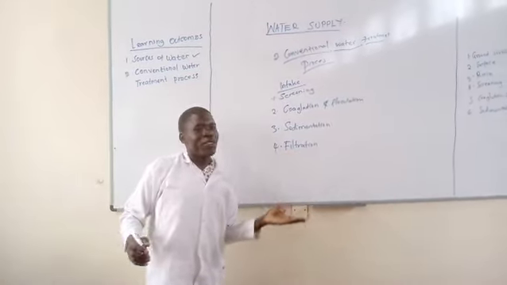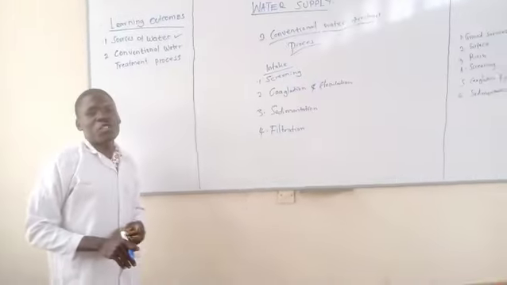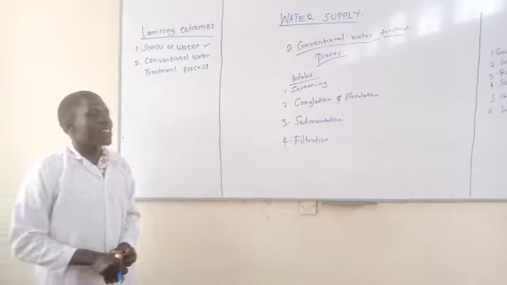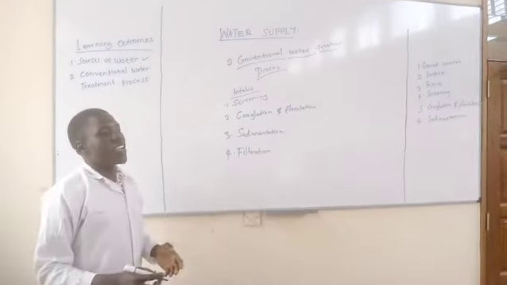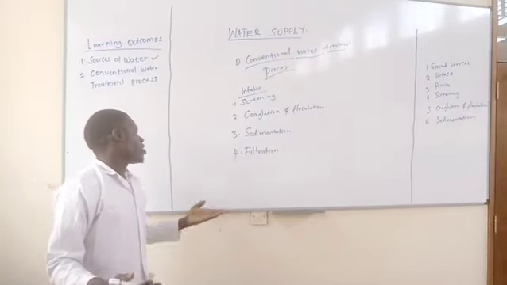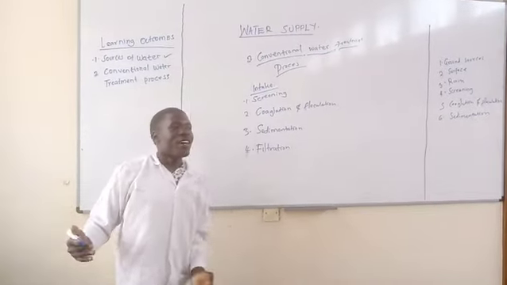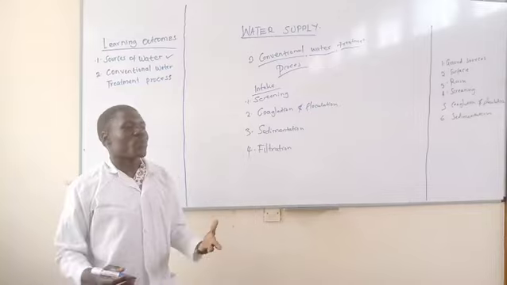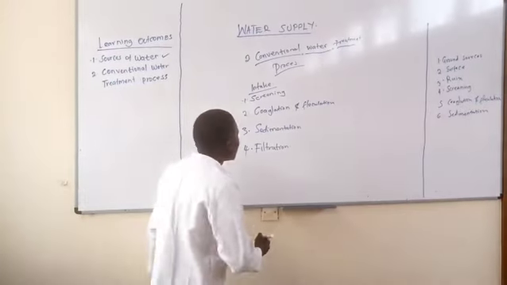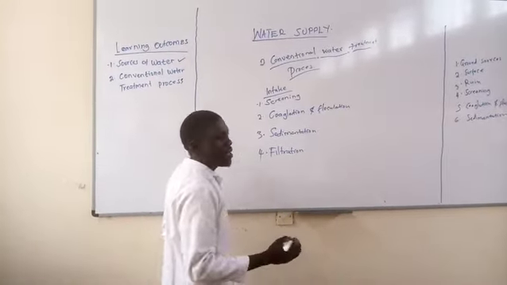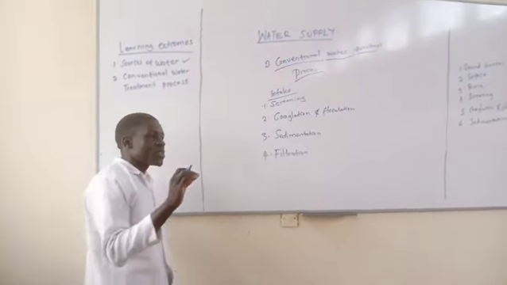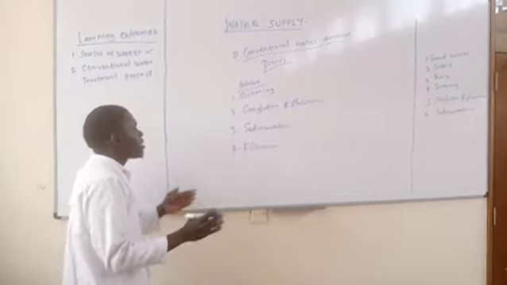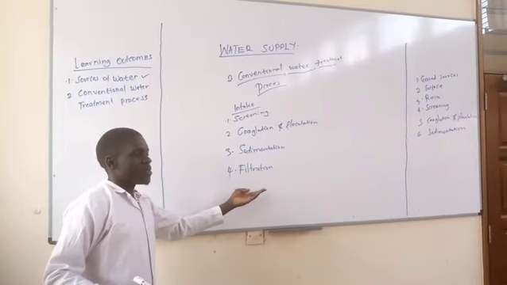Filtration involves the use of filtration mediums like sand filters, and in advanced occasions we use even reverse osmosis filters. Filtration is the removal of those tiny suspended particles that might have passed the sedimentation process.